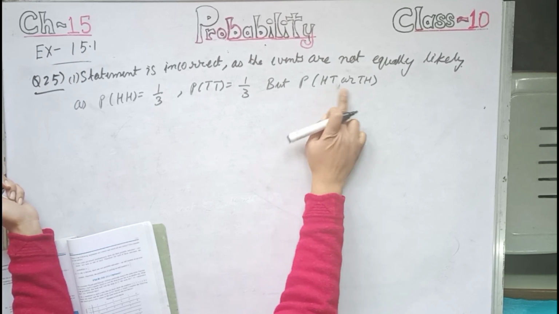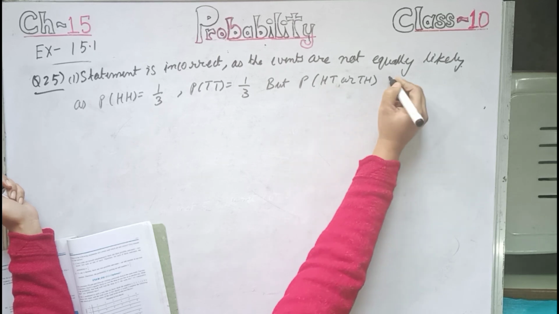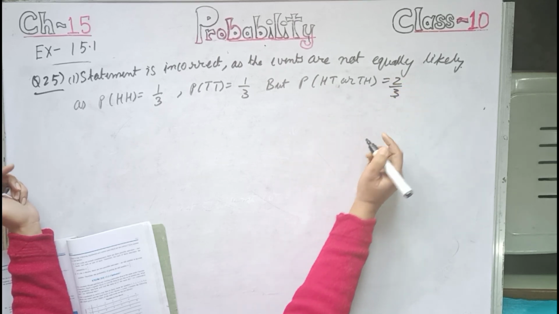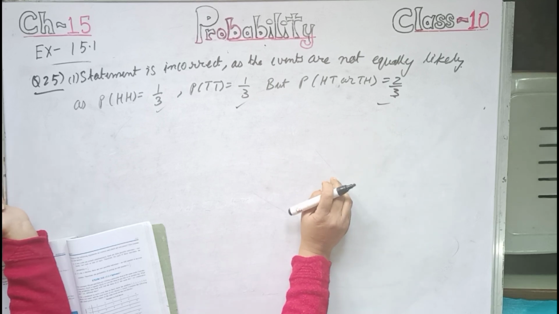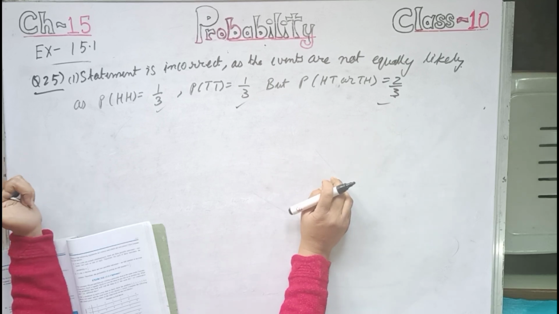So one of each will be considered as 2. So it will be equal to 2 by 3. So we can see the probability is not coming the same, so it is not equally likely. So the statement is incorrect.